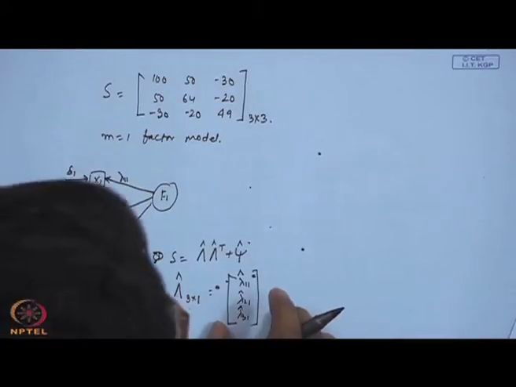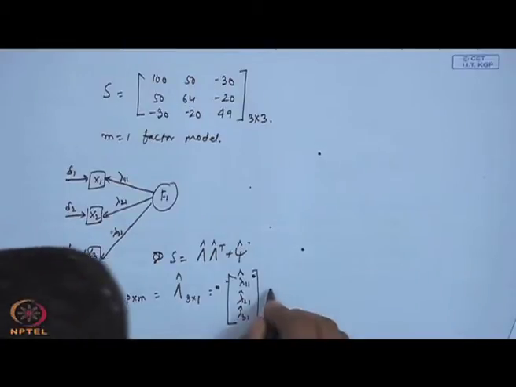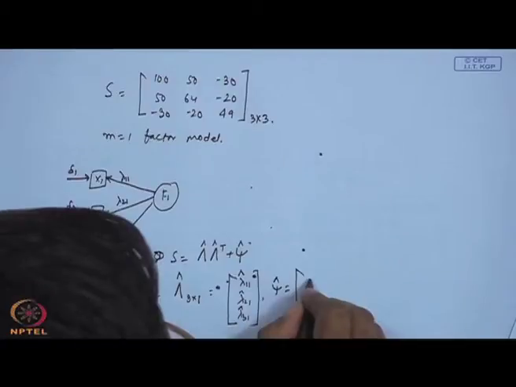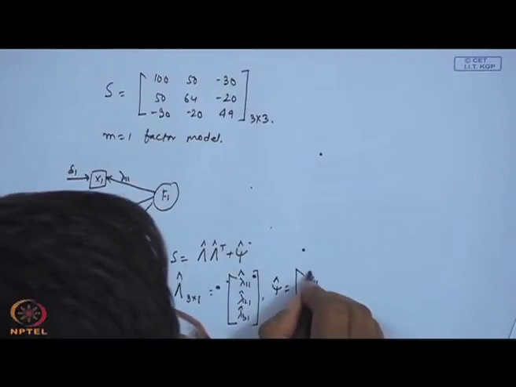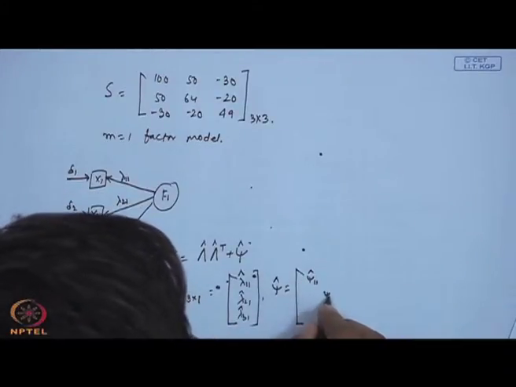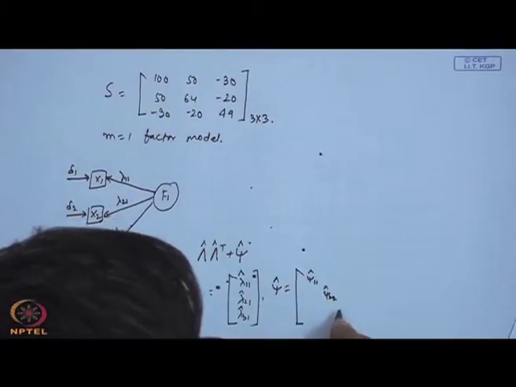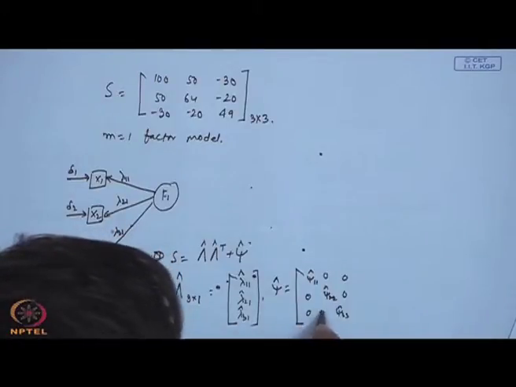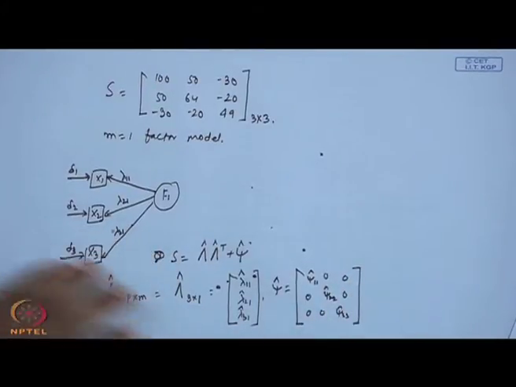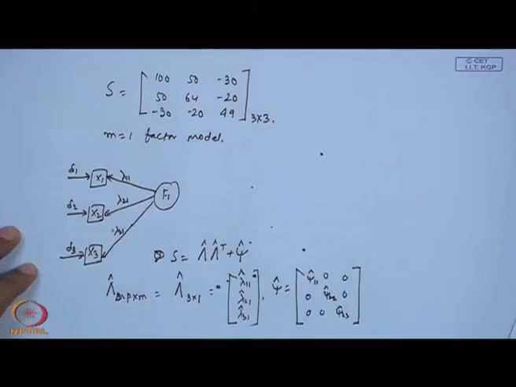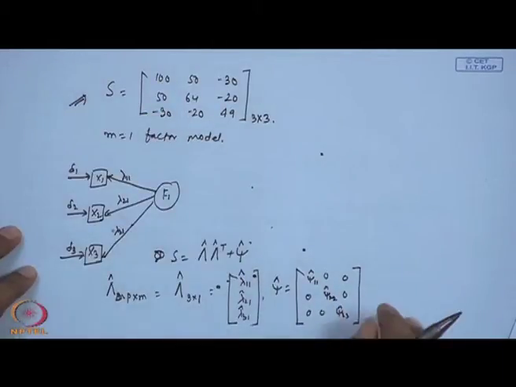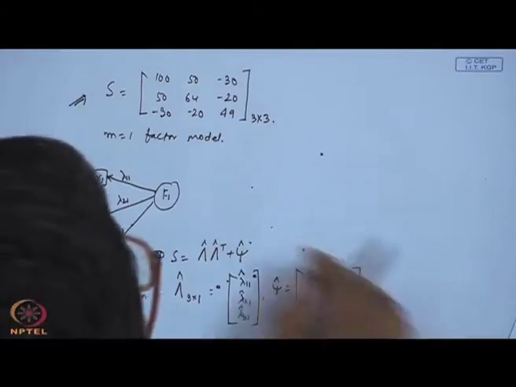In addition, we want psi cap, which will be a diagonal matrix with psi 1 cap, psi 2 cap, psi 3 cap, and 0 elsewhere. We want this from this data using principal component analysis.